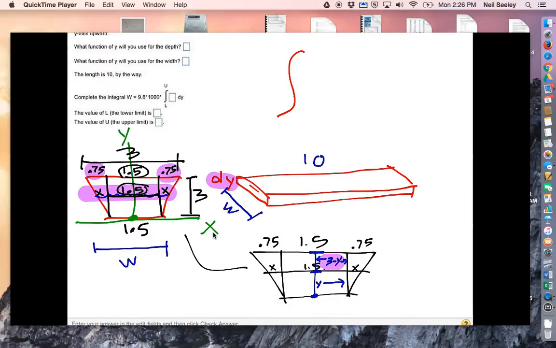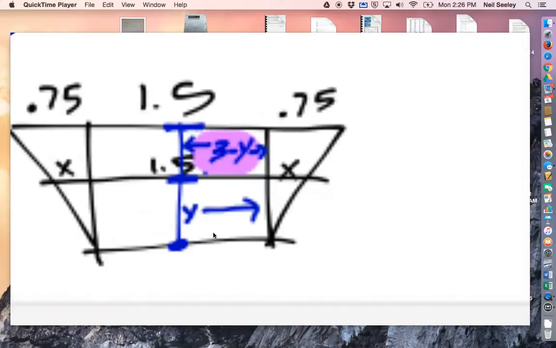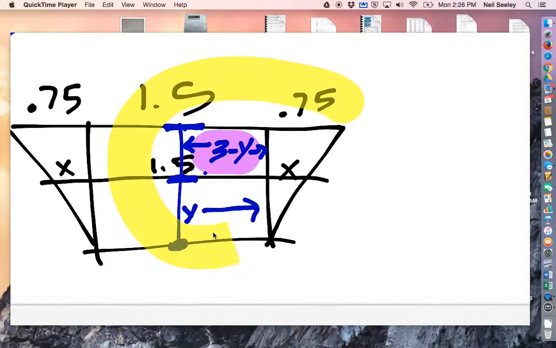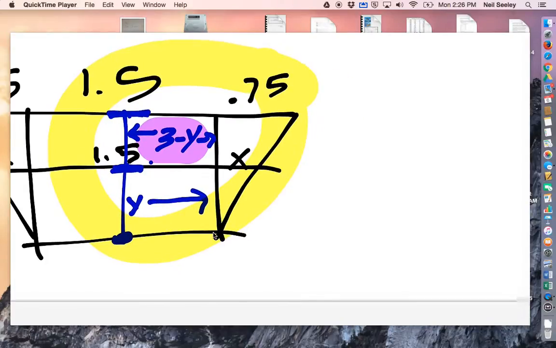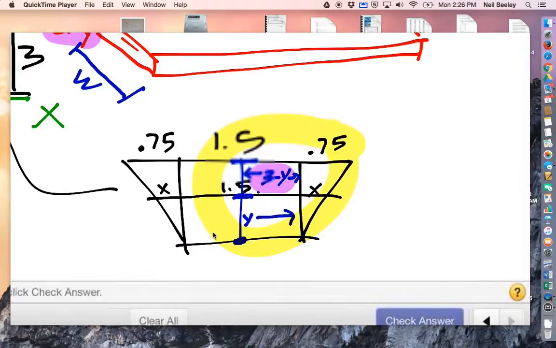Let's not get putrid green. There we go. This little drawing here had no y's in it. But now I have a way of relating the y's and x's, because I need my equations in my integral to have y's in it. So what you end up doing is coming up with an equation based on a picture that allows you to convert the equation in terms of y.